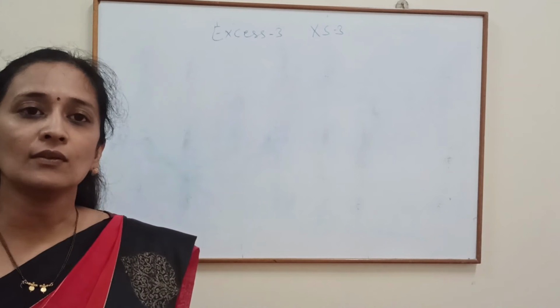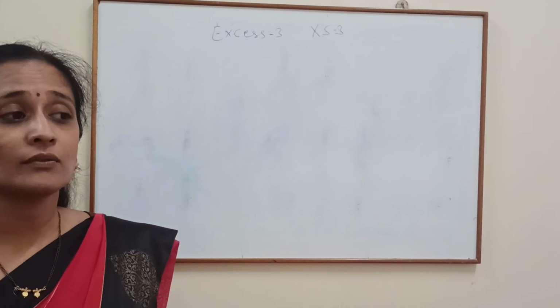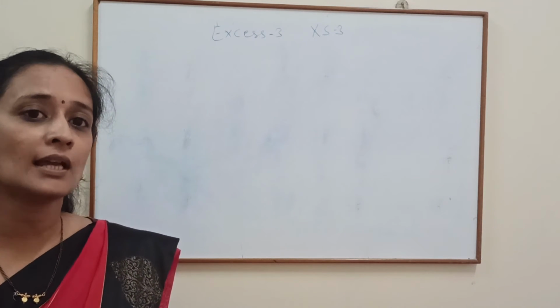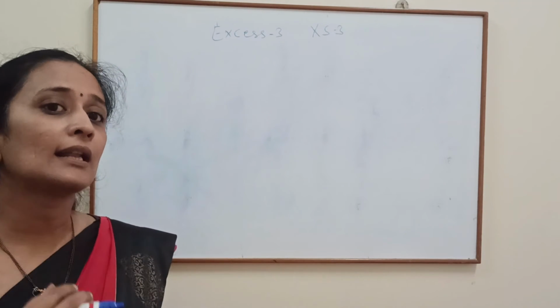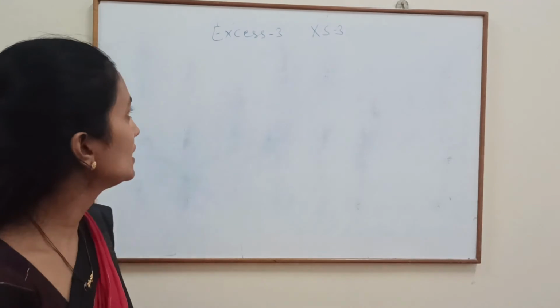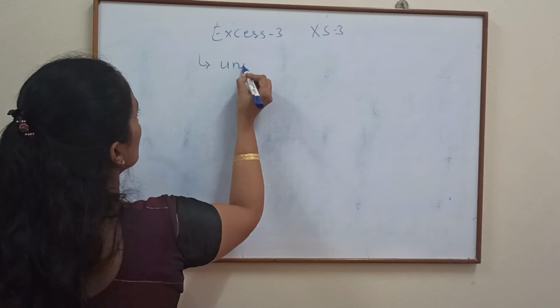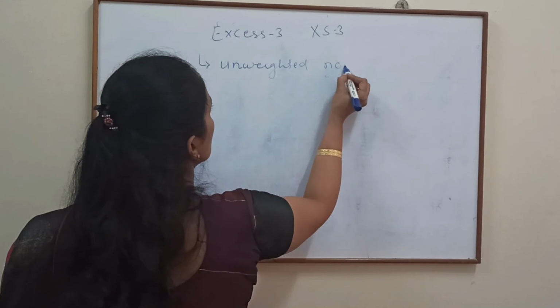They don't have any weight with respect to position. Which are the weighted number systems? Binary, decimal, octal, hexadecimal, and which one? BCD. Gray code and XS3 code are unweighted number systems. First point is unweighted number system.